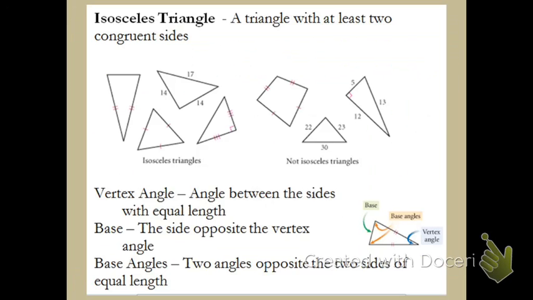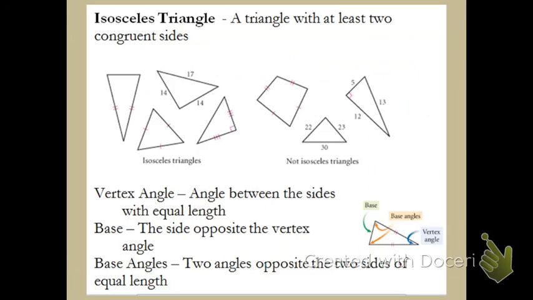But if it's isosceles, it could be equilateral if that third side is congruent to the other two sides, but it may not be. So keep that in mind. Sort of like a square is a rectangle, but a rectangle might not be a square. So the isosceles triangle has at least two congruent sides. And you see all the examples and non-examples right there.